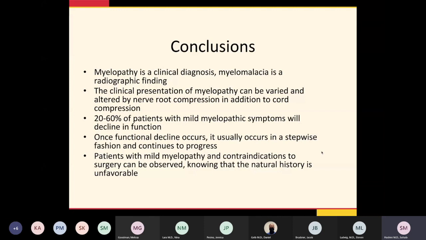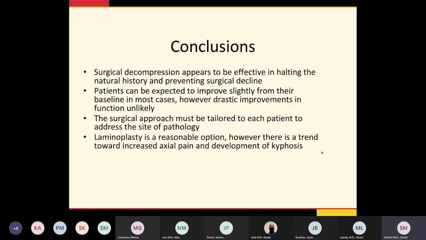Once the functional decline does occur, usually it's in a stepwise fashion with a plateau stage in between each stepwise decline. For patients with mild myelopathy and contraindications to surgery, it's reasonable to consider continued non-operative management, knowing that there is a likely stepwise decline.